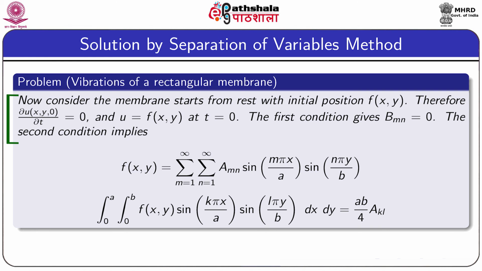Now, we consider that the membrane starts from rest with initial position f(x,y). That means u is equal to f(x,y) at time t equal to 0, and the velocity, that means ∂u/∂t at time t equal to 0, is also 0.